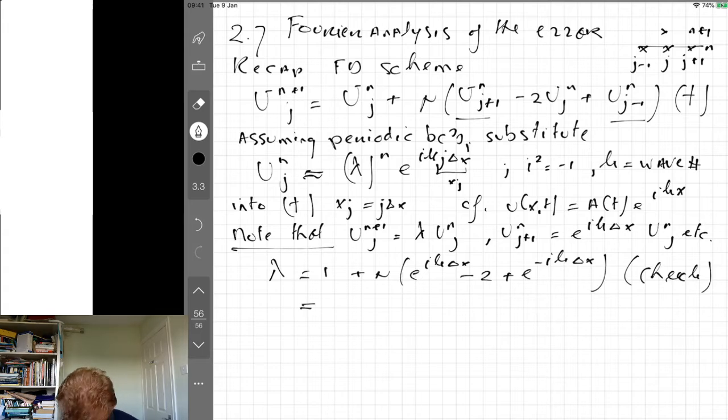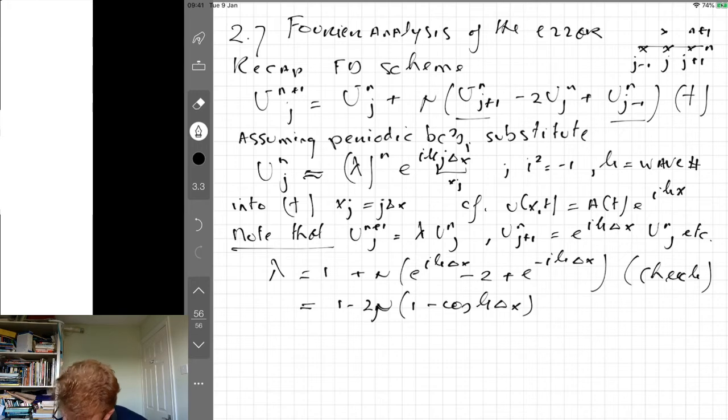This is 1 minus 2 mu times (1 minus cos k delta x), using the trigonometric rule. That's easy to see.